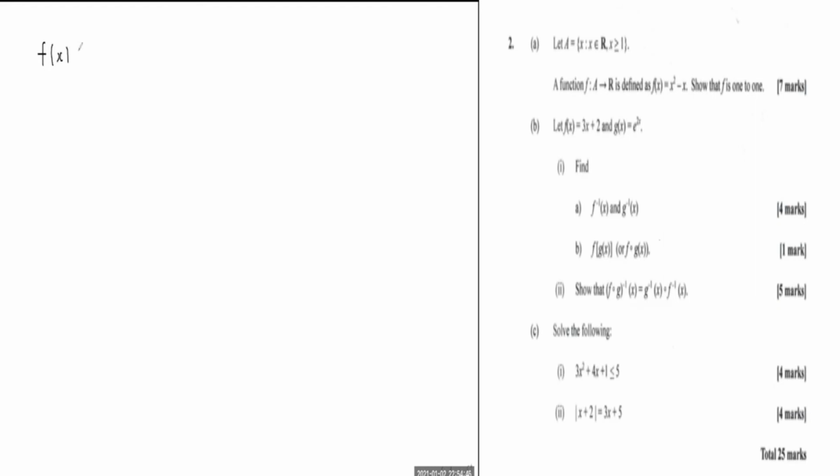So taking the graphical approach, f of x is x squared minus x. First thing I'm going to do is complete the square. To complete the square, I half this, so I'm going to get x minus 1 all squared, subtract 1. That's how I complete the square. And I know that this is for the domain where x is greater than or equal to 1.